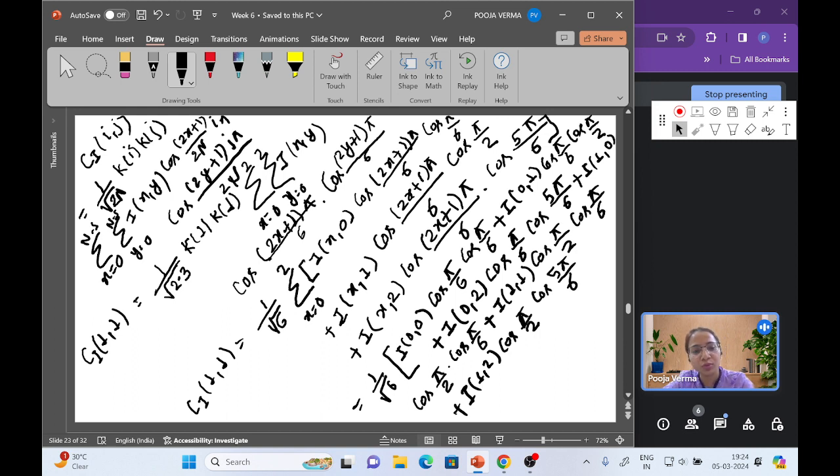Now we will move to x is equal to 2. There is very little space, so we'll try to write after this. Let's see. So I 2 comma 0, here we are putting in this equation. Are you able to recognize from where?